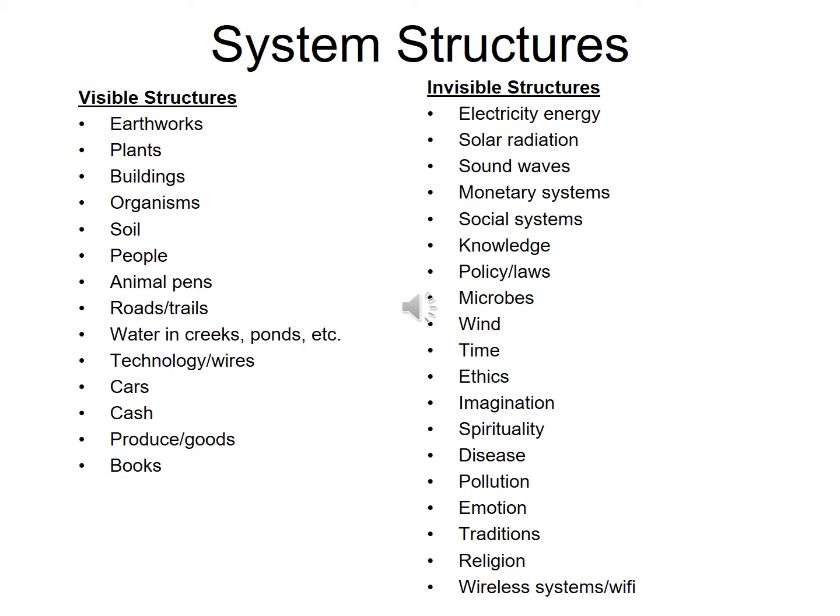Monetary systems are largely invisible too, especially now that most money that's exchanged is digital. It's really not some tangible thing. Social systems, knowledge, laws, regulations, policies. The microbial world is largely invisible to humans, but it has a huge impact on organisms and our planet and even just our garden soils, from the large to the small scale.